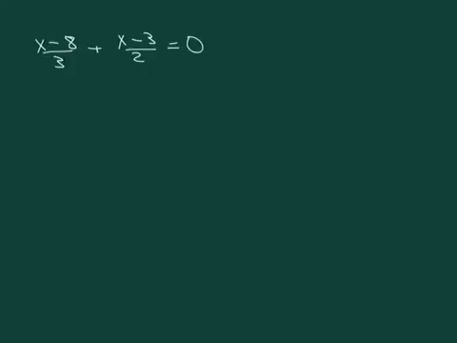So anyway, one of the things that is important to know is how to get rid of stinking fractions. Nobody likes fractions. So what you do is you take the entire thing and multiply it by the least common denominator. Least common denominator is a 6. So we're going to take 6 times this, and 6 times this, and 6 times that. So obviously this one here will stay a 0.